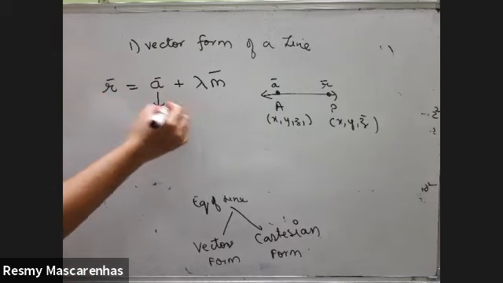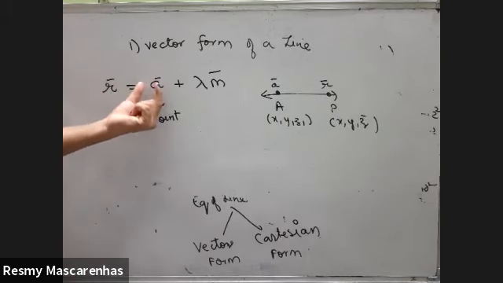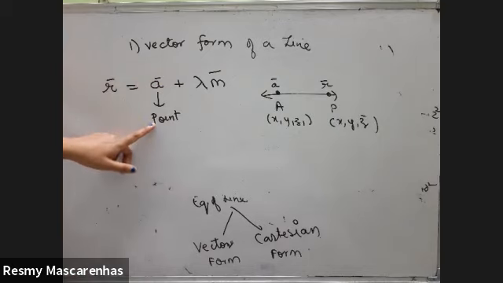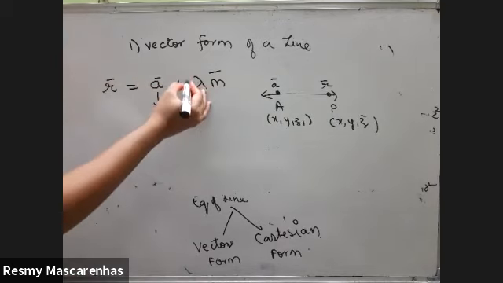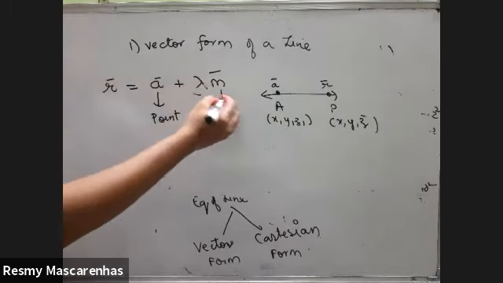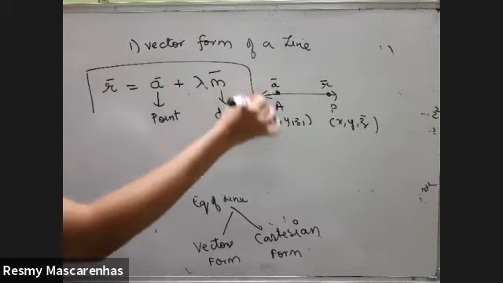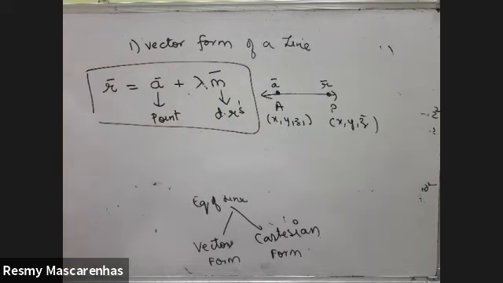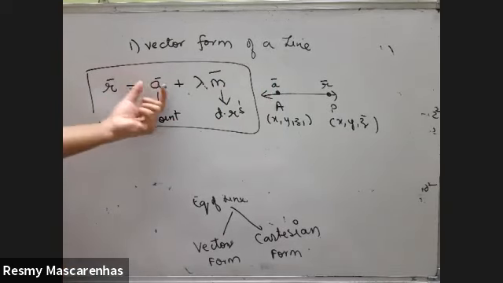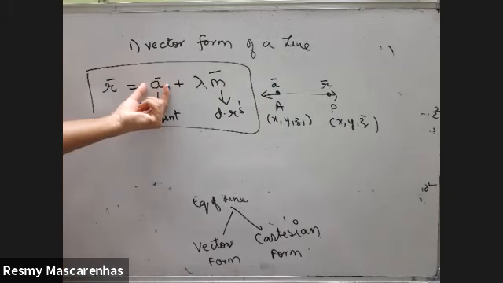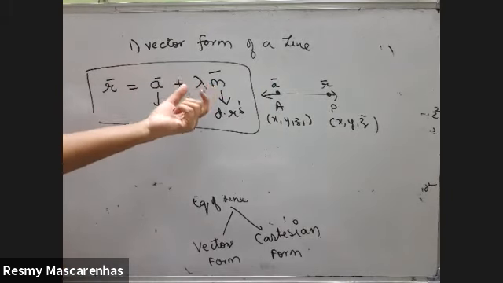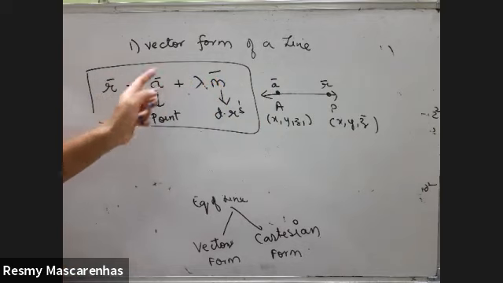Write this equation and please keep in mind that the point is always first. The single one, which will always be there, is the point. And the part which comes along with lambda is always the direction ratios. Please remember this. Sometimes they might try to confuse you by giving this part first and this side later.